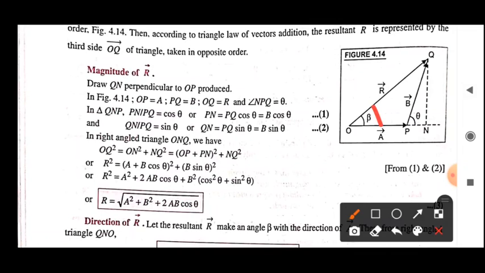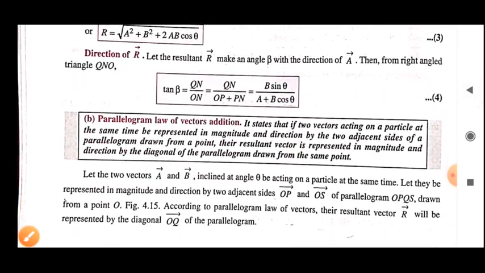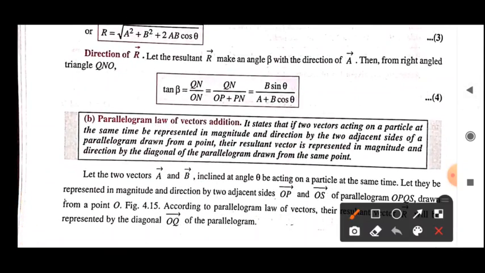If you find beta, that will give you the direction of the resultant. So tan beta in the triangle ONQ is QN by ON, and QN has value B sin theta. ON can be written as OP plus PN, that is A plus B cos theta. In this way you can find the direction as well as the resultant magnitude.